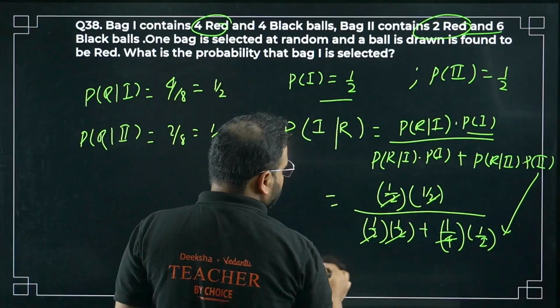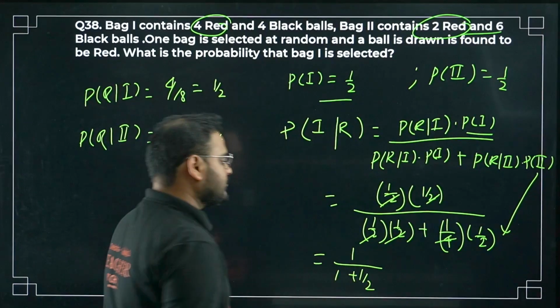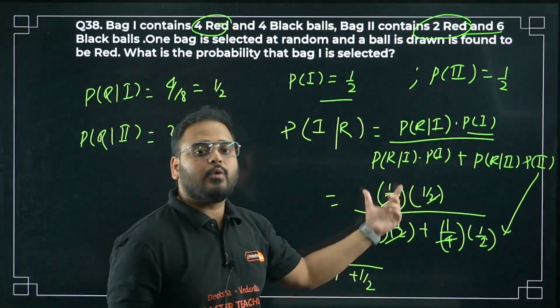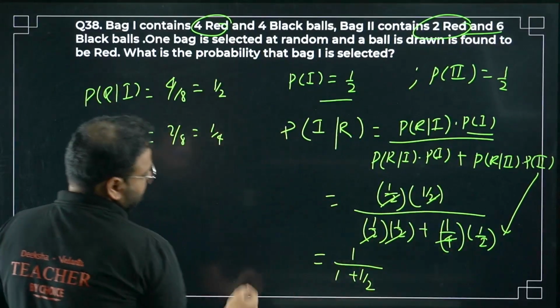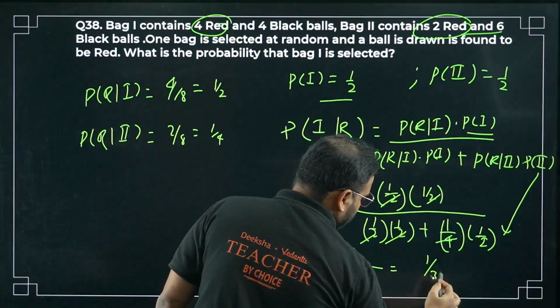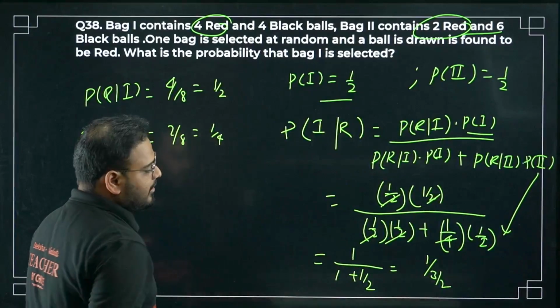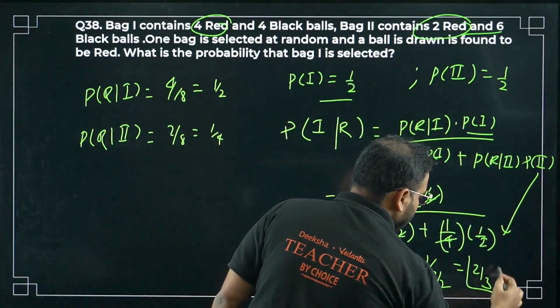What I'm getting now, numerator is simply 1, denominator is 1 plus 1 by 2. Correct now? Numerator only 1, over here only 1, over here 1 by 2. So now just add this value. You're going to get 1 upon 3 by 2. Half and 1 will be 3 by 2, so it will become 2 by 3. This is the final answer.